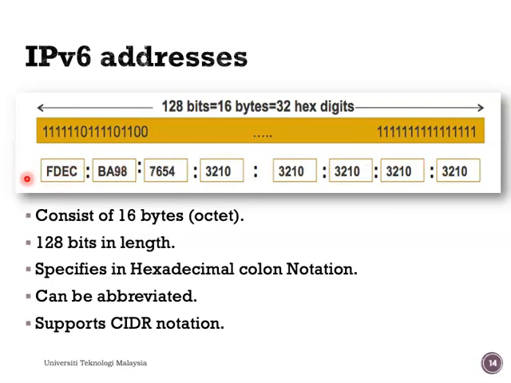So this is colon hexadecimal notation, or colon hex for short. In this notation, the 128 bits are divided into 8 sections, 2 bytes each in length. 2 bytes in hexadecimal notation require 4 hexadecimal digits.